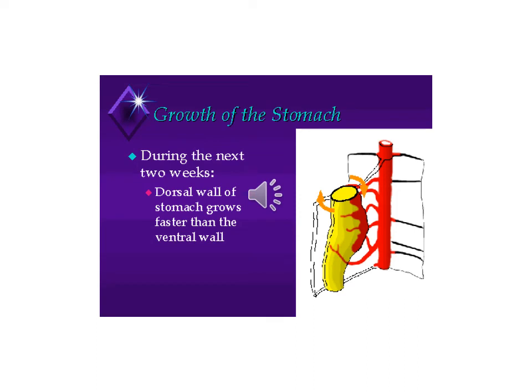Further development of the stomach, the back portion or the dorsal wall grows much faster than the ventral, and not only that, as a regular feature in the GIT, all these tubes undergo a rotation.